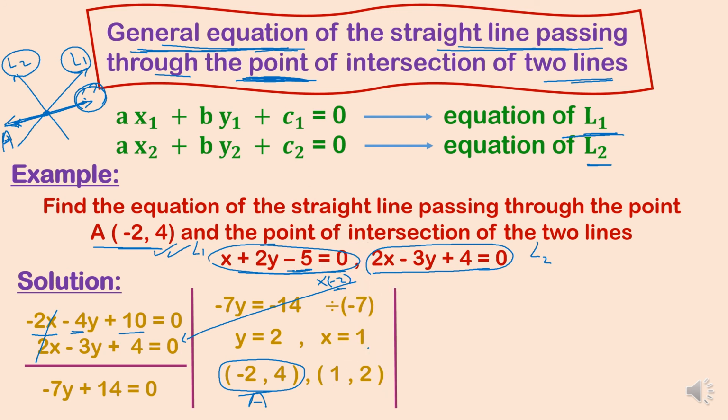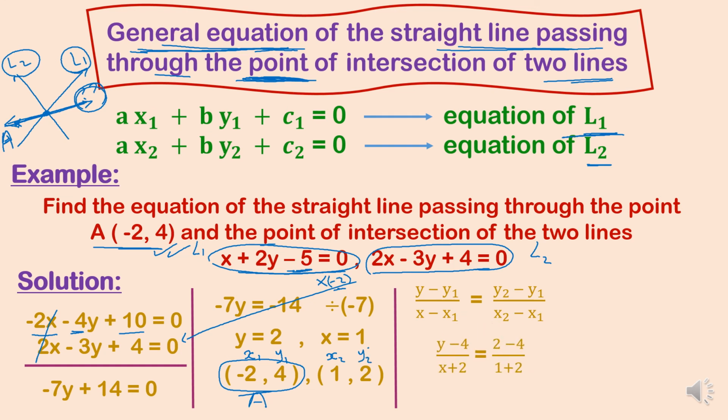Then we will try to find the equation of a straight line passing through these 2 points by using the Cartesian equation. Y minus y1 over x minus x1 equals y2 minus y1 over x2 minus x1. We will say that negative 2 is x1, 4 is y1, 1 is x2, 2 is y2.